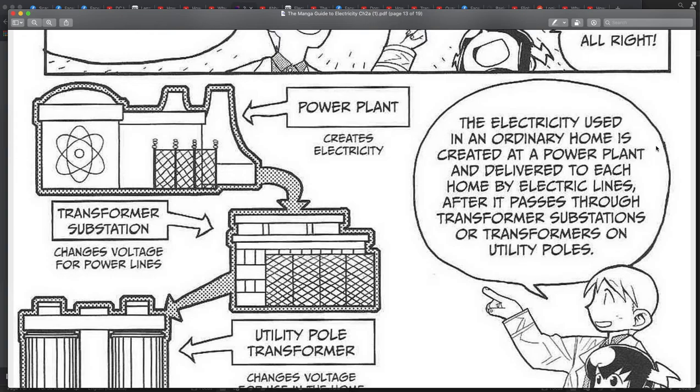So all of those use generators, but some of those generators use natural or renewable methods of turning the turbine. It could be water, it could be tidal forces, it could be wind. Or you could generate steam by using nuclear power. Nuclear power creates heat, and that is how you can generate electricity.